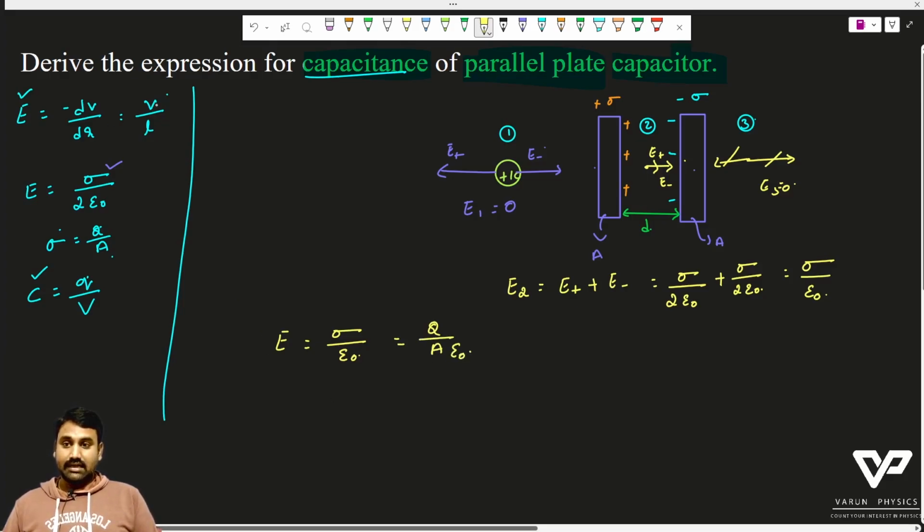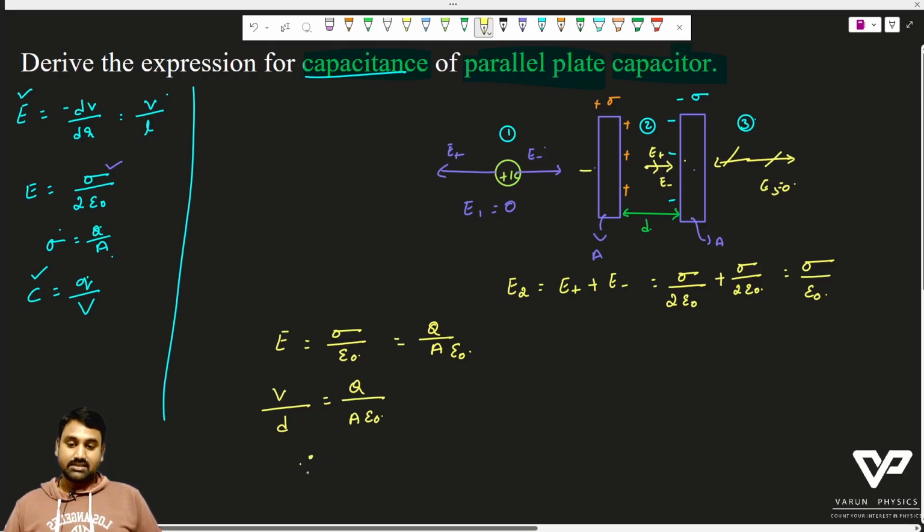And we know that electric field is potential divided by distance. If we connect this to some potential V, then we can write this as V divided by the separation distance D is equal to Q divided by A epsilon naught.